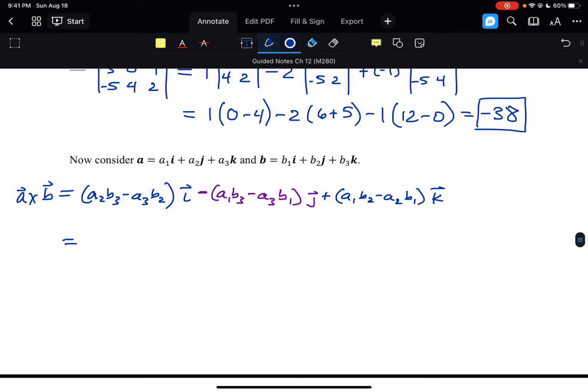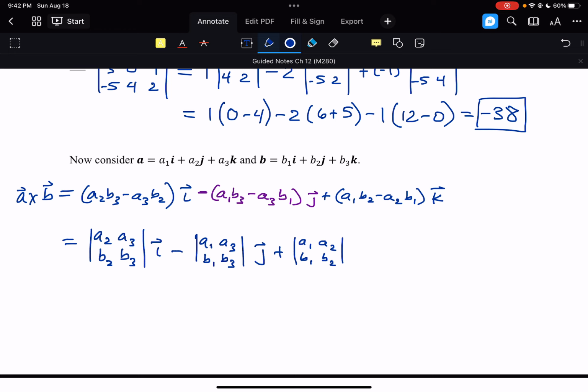So this first one, instead of AD minus BC, we're going to get A2, B3 down there, A3, and B2 down there, and the i is still there. Minus, we do the same thing here. That's going to be A1, A3, B1, B3, j, plus A1, A2, B1, B2, k.